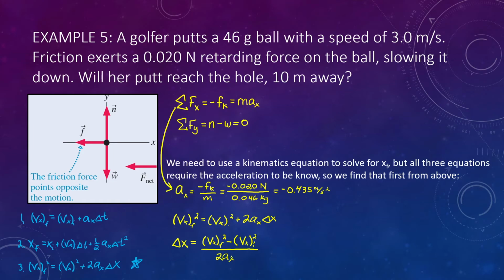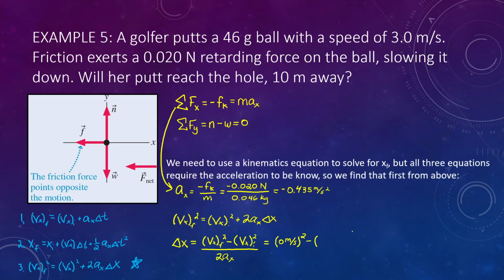So we see the following equation. This is what we need to use to solve. So let's go ahead and do this. We do know all of these values, so we can indeed solve. Vx final, well, think about what's happening here. The ball is coming to a stop, right? We want to see how far the ball goes. Well, the ball is going to go as far as it can until it stops. So its final velocity is 0 meters per second.